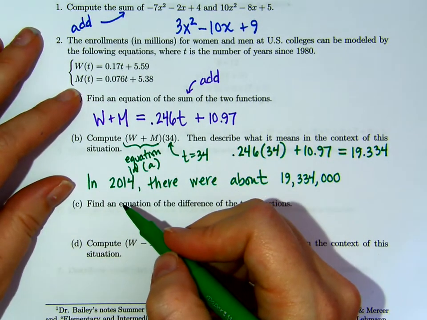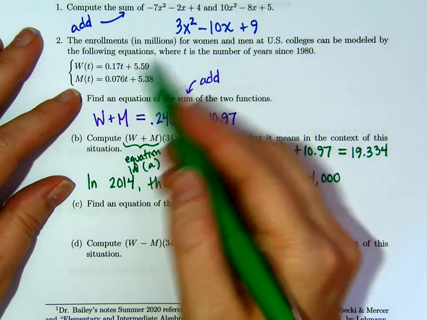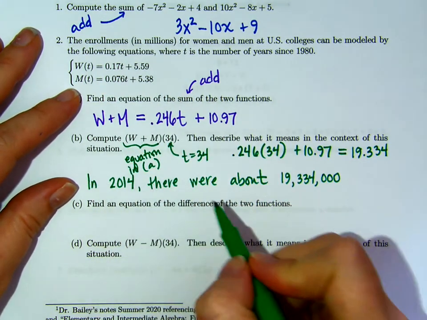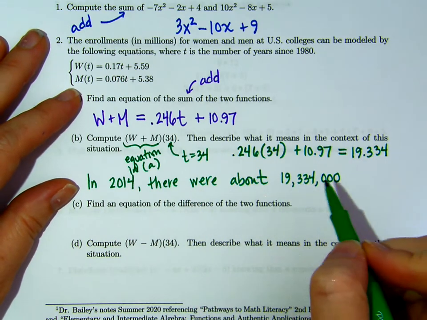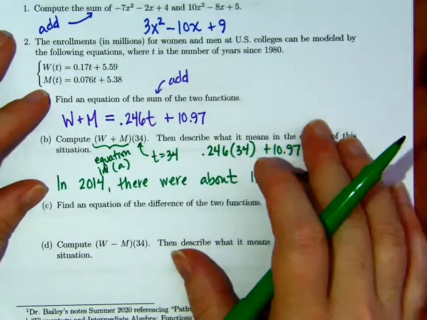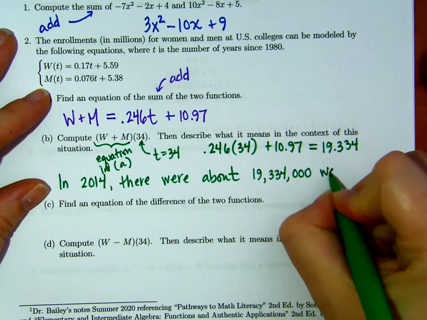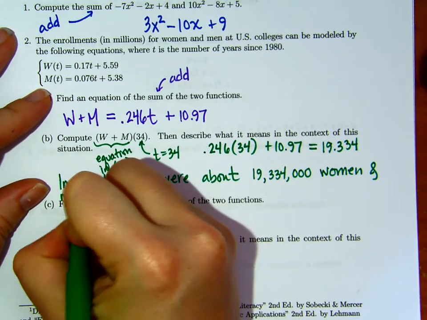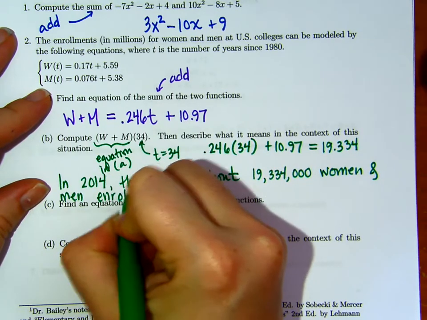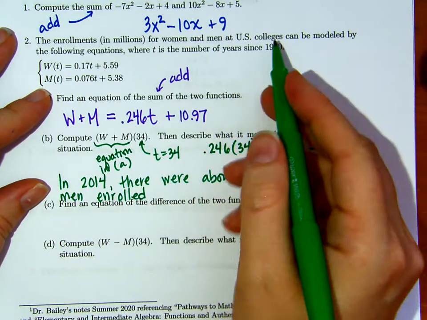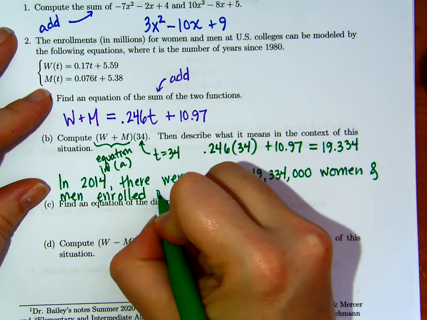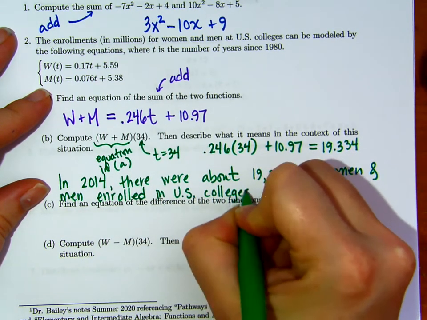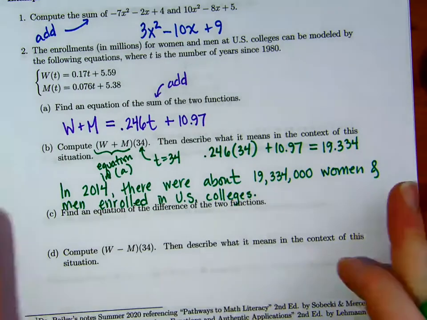Sorry if you are left out, or if you had to make a choice between these two, because those were the only two you could choose. In 2014, there were about 19,334,000 women and men enrolled in U.S. colleges within the United States.